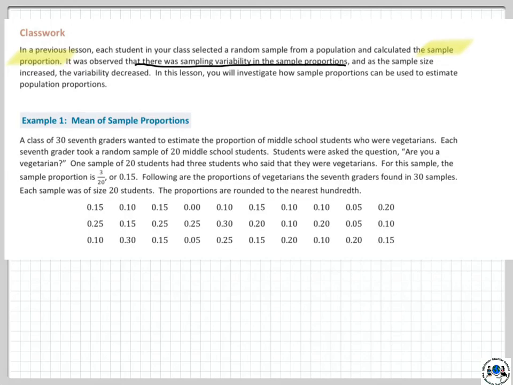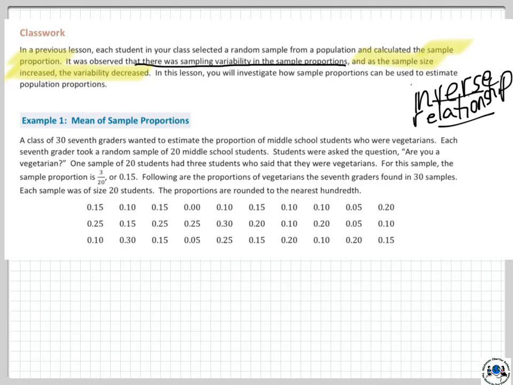We saw the variability right in front of us. The important point is that as the sample size increased, the variability decreased. They have an inverse relationship: as one goes up, the other goes down, and as one goes down, the other goes up.